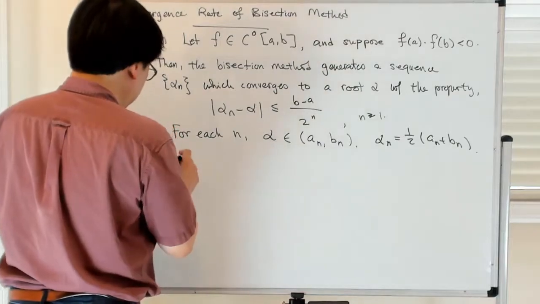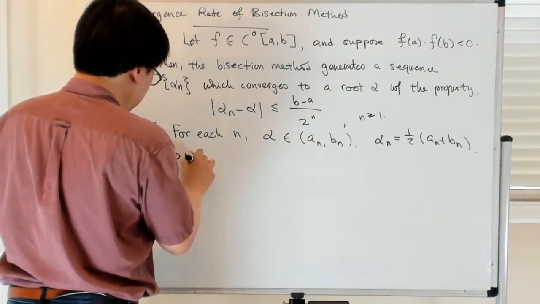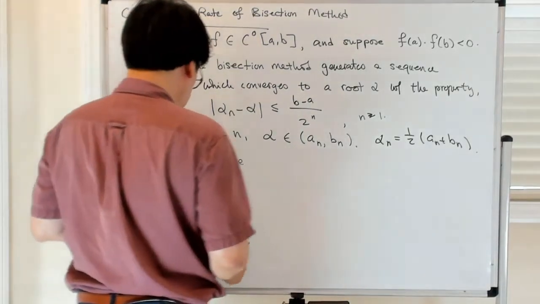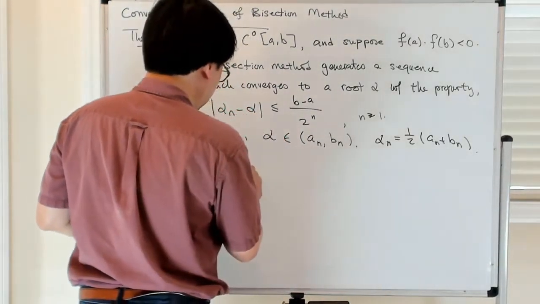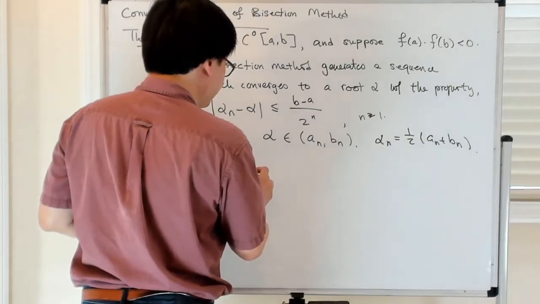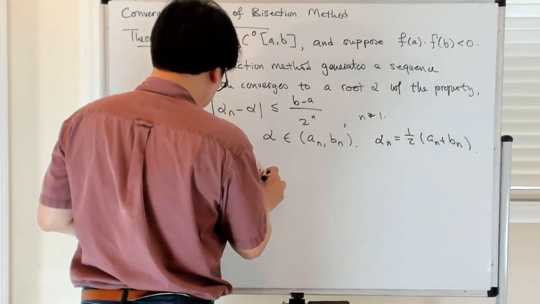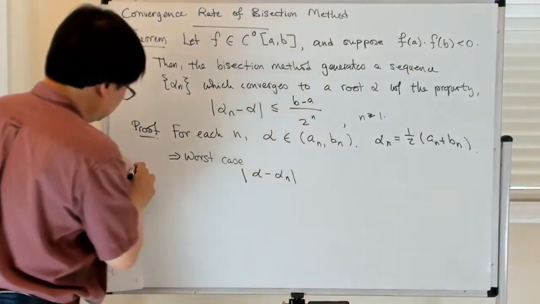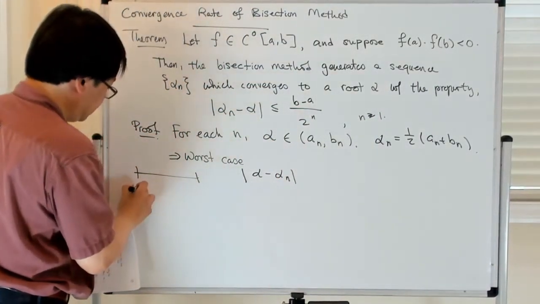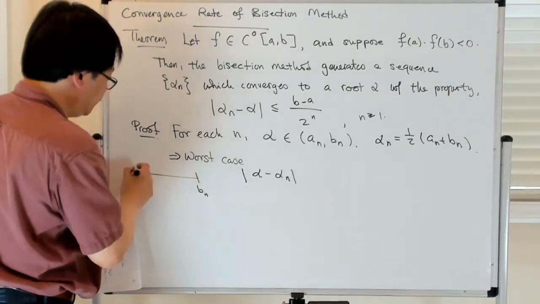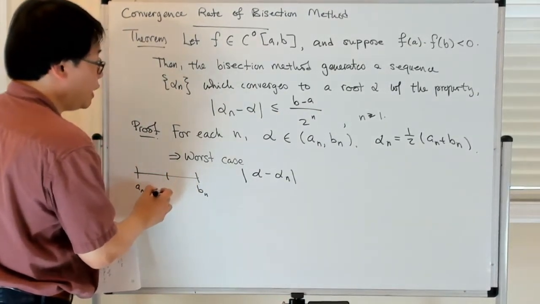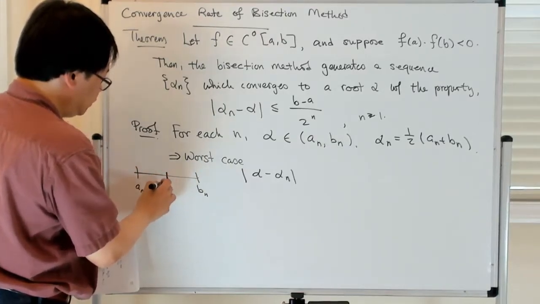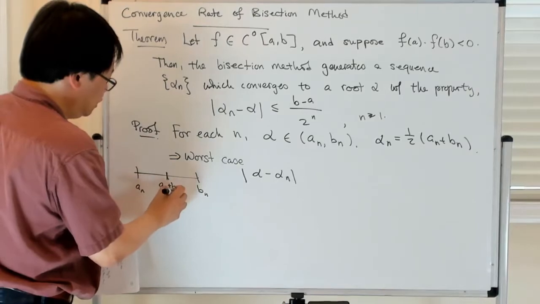Okay, so the worst case is the difference between alpha and alpha n. Alpha is going to be somewhere in this interval from an to bn, and we know alpha n is the midpoint, which is an plus bn over 2.